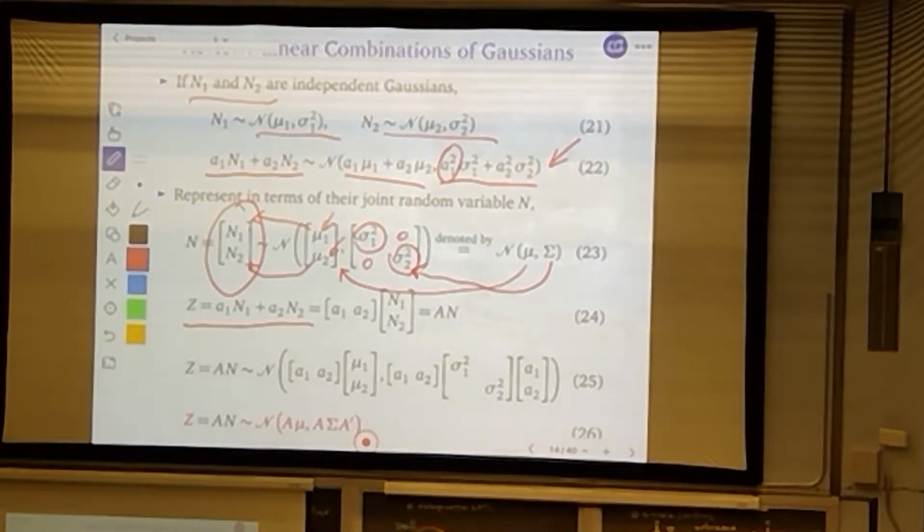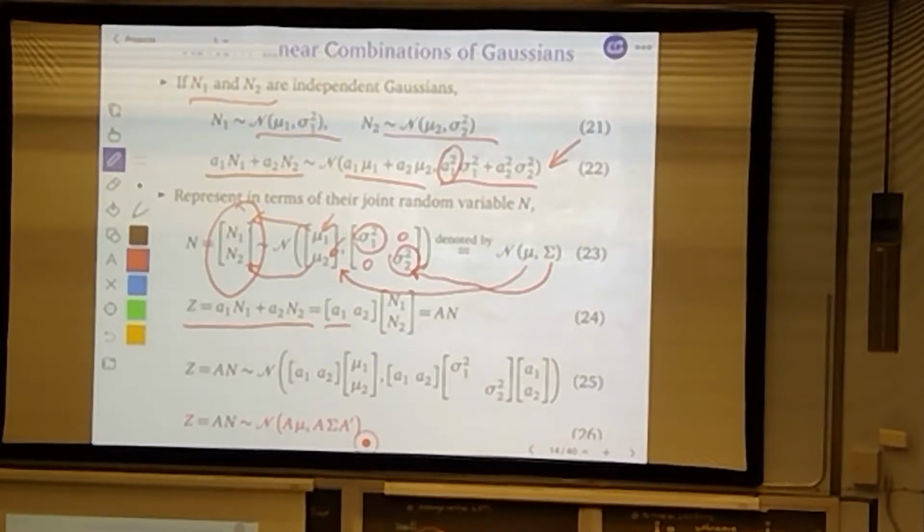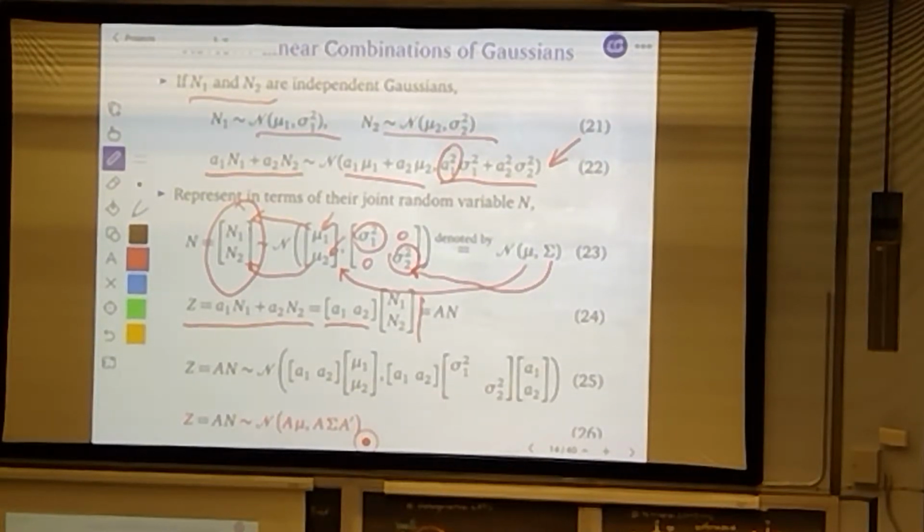Z is a linear combination of the two, and we can write it out as this row vector times this column vector. Okay? It's a very specific form, and this becomes one scalar. In general, it's this form. So now we know this A1 mu1 plus A2 mu2 can be written as A1 A2, a row vector, times mu1 mu2 as a column vector.